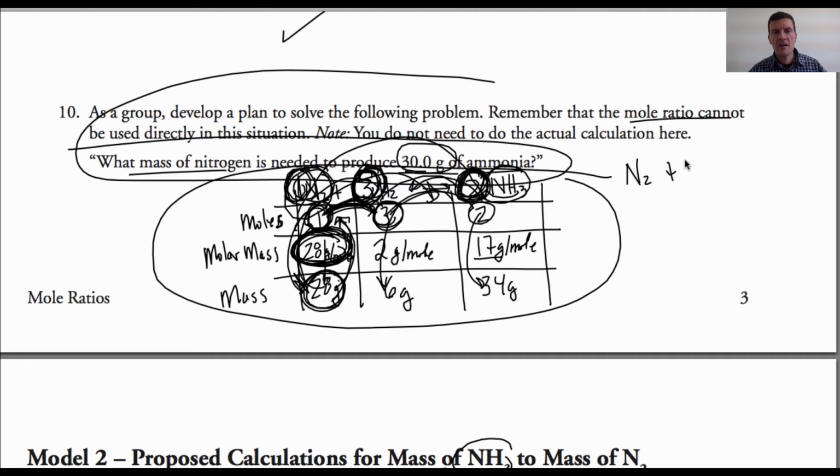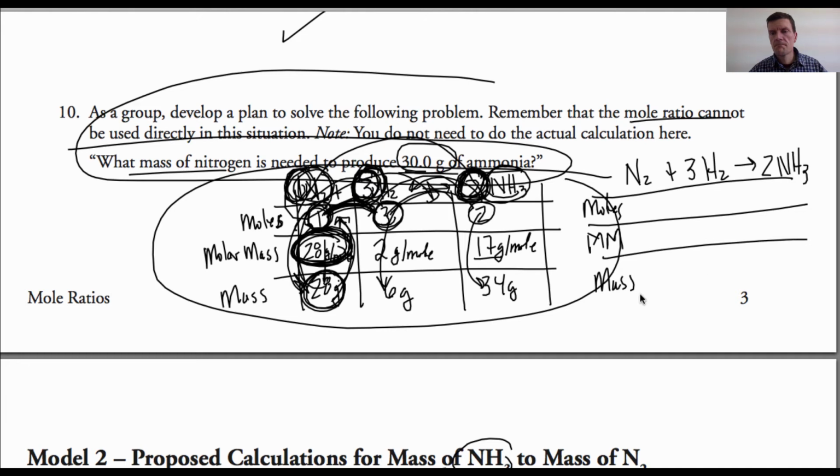I've set up my balanced equation, and I've got moles, molar mass, and mass. I am asked what mass of nitrogen is needed to produce 30 grams of ammonia. I am given the mass of ammonia, this number right here.